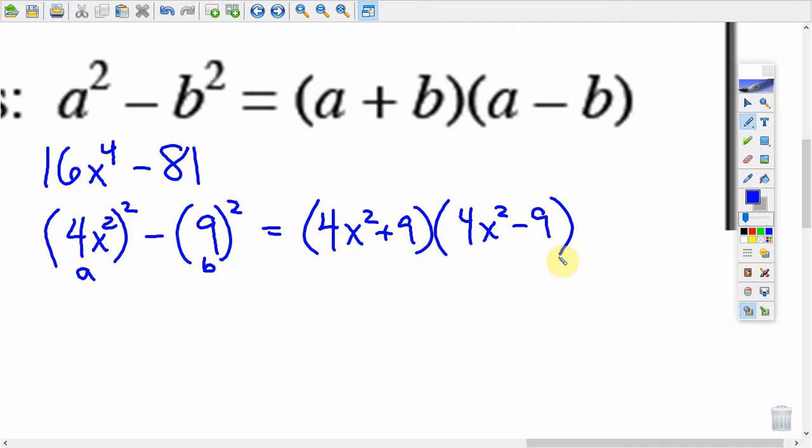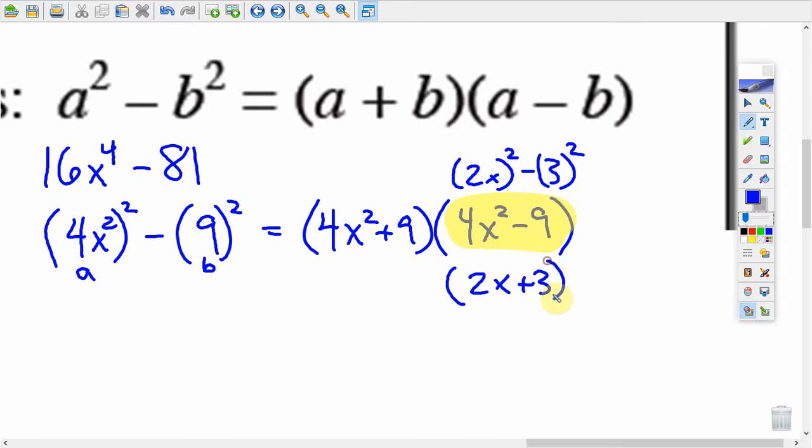What I should notice now is that I have another difference of squares in that second factor. So if I take that second factor, I can do another difference of squares on it. This would be the same thing as 2x squared minus 3 squared. So I can break this factor down into 2x plus 3 times 2x minus 3.